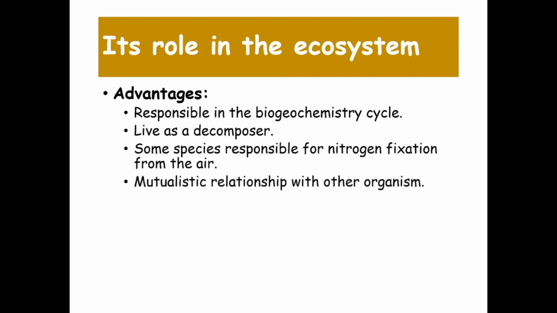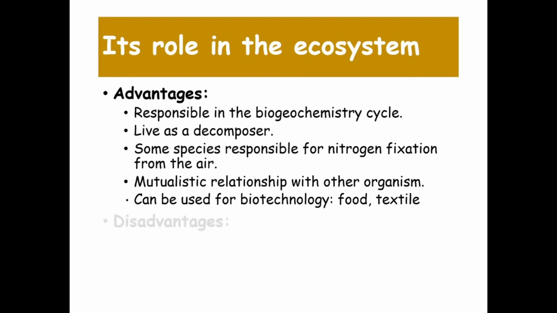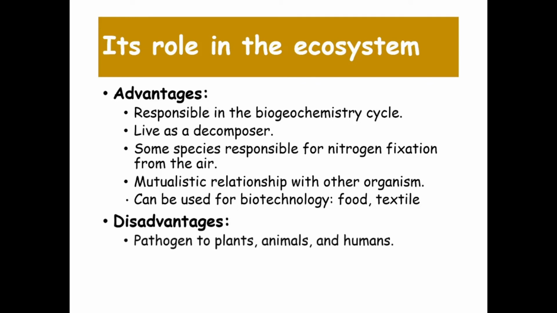It also has a mutualistic relationship with other organisms, and it can be used for biotechnology, such as for producing food or textile. It also has disadvantages. Monera are known as pathogens to plants, animals, and humans, and they are also harmful to food and textile products.